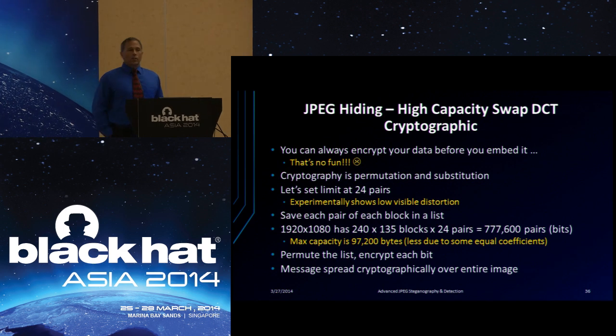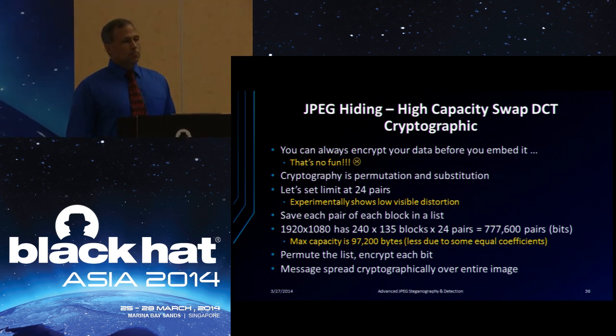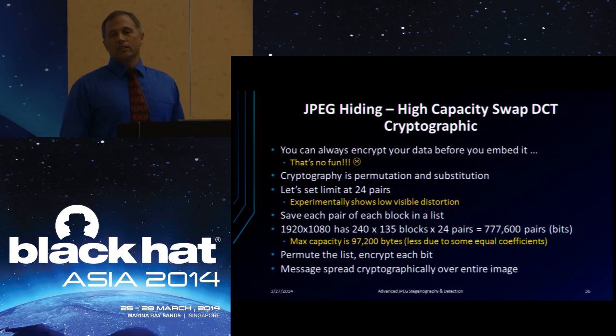Well, you can also add cryptography to the mix. So for any one of these techniques, you can just encrypt your message before you actually put it in there, and that'll complicate extraction, because then after you extract it, you've got to decrypt it, right? But doing that's no fun. So I built a little cryptography into the program.